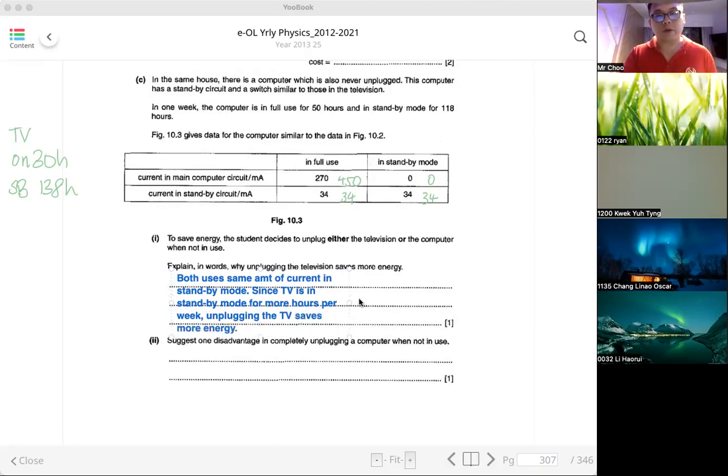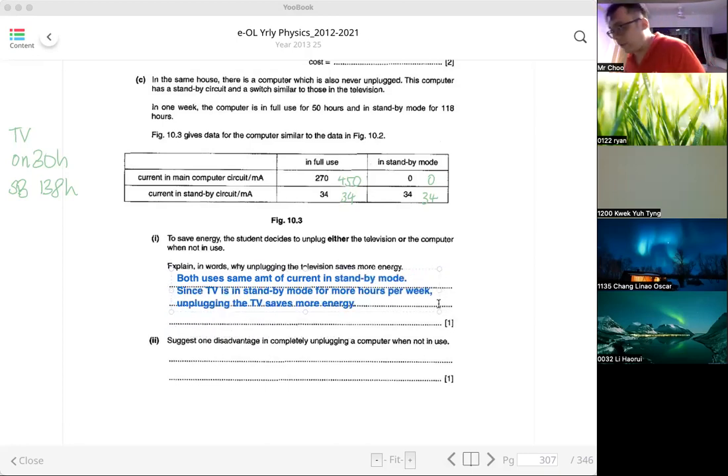Okay, that's the answer for part 1. Ryan, your answer is incorrect for part 1. Can you see my part 1 answer? Does that make sense to you?